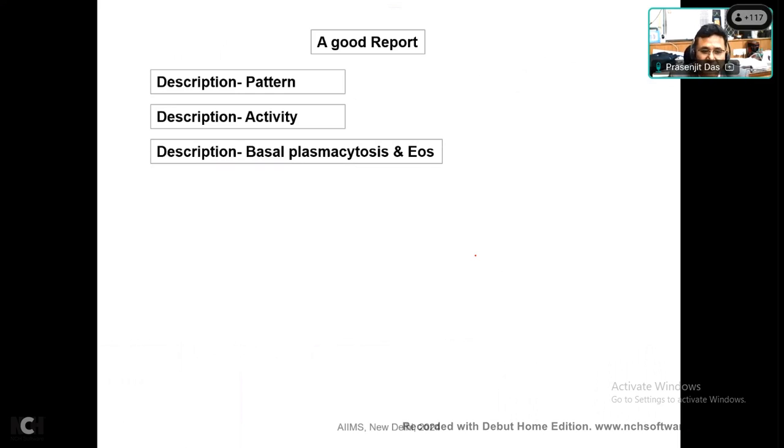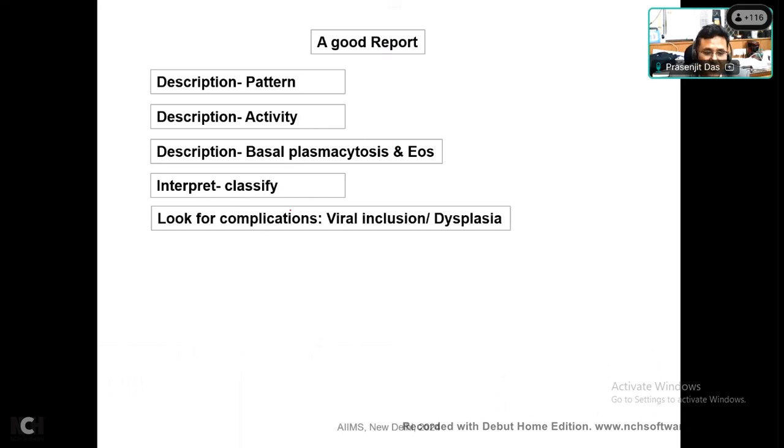Third, you have to see if basal plasmacytosis and eosinophilia are there or not. Fourth, you have to interpret, like the morphological interpretation, we have said it is chronic active colitis or so. And then you have to classify if it is IBD type or non-IBD type, based on other associated findings. And then look for complications.